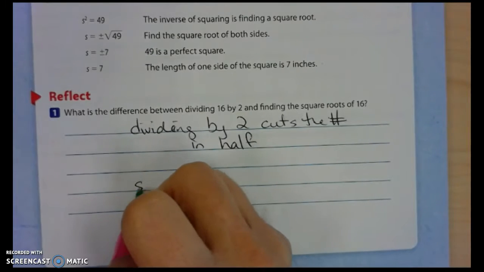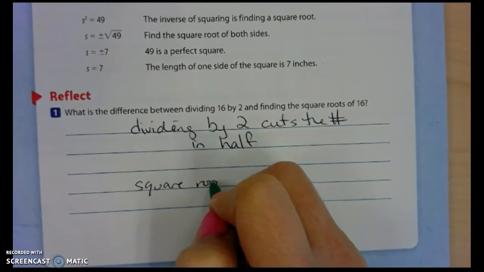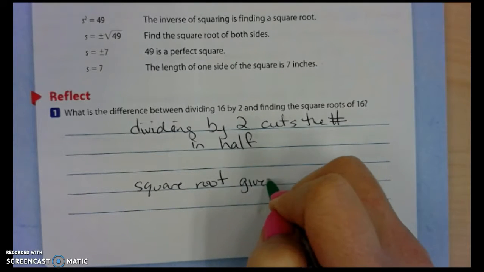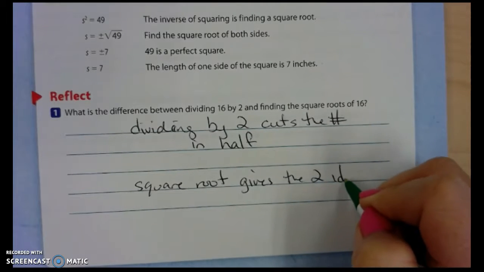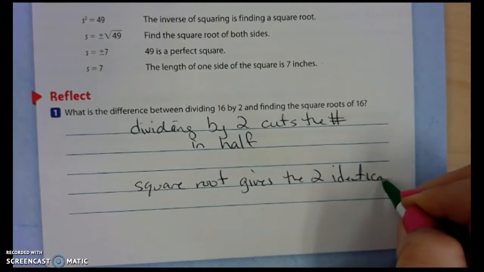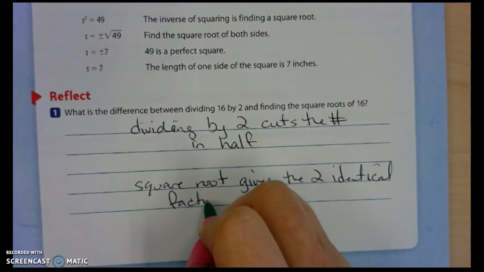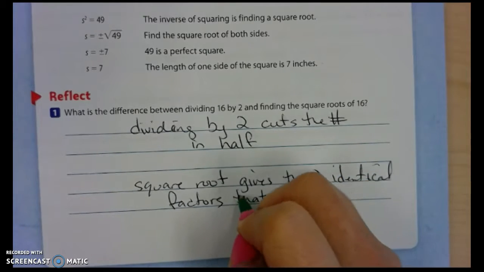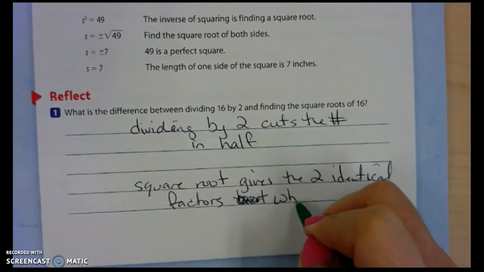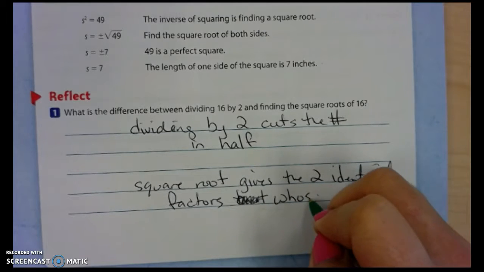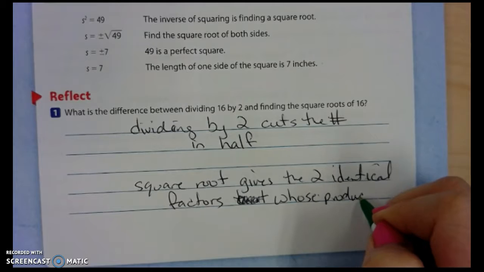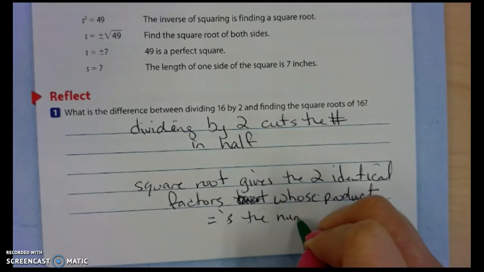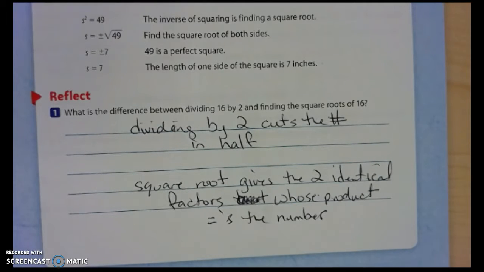A square root gives you the two identical factors whose product equals that original number. Okay, I know that's a lot. Take a minute and copy it down.